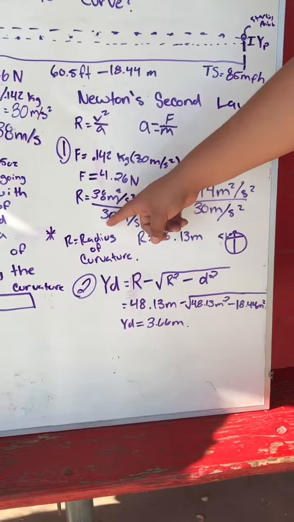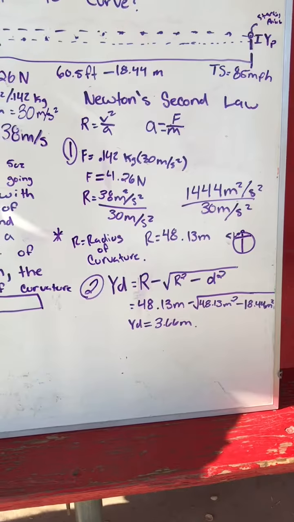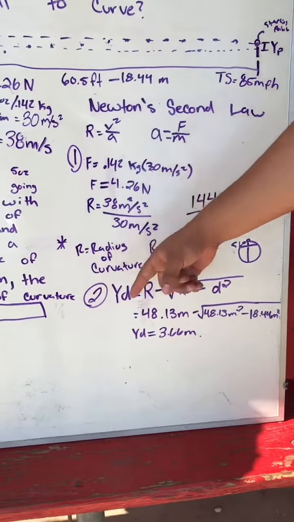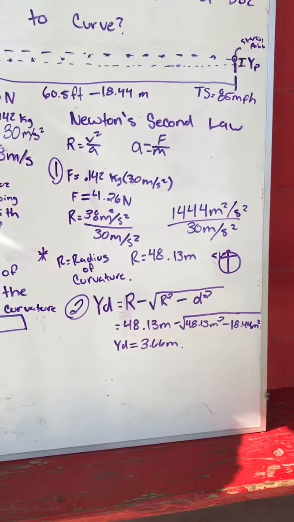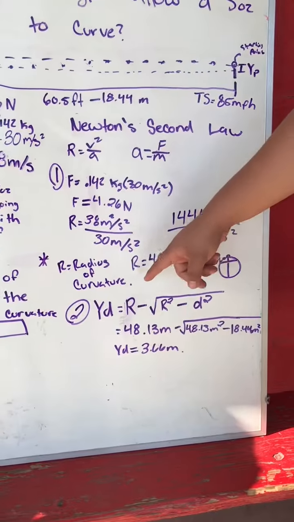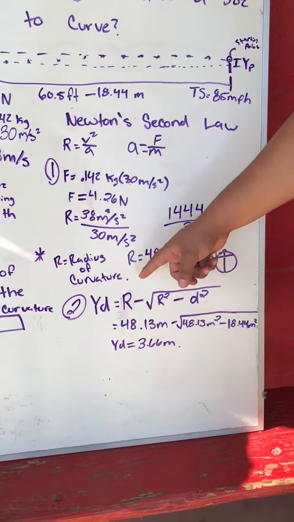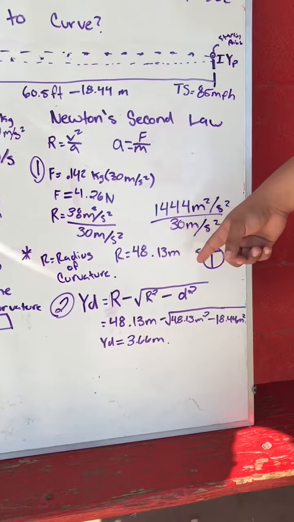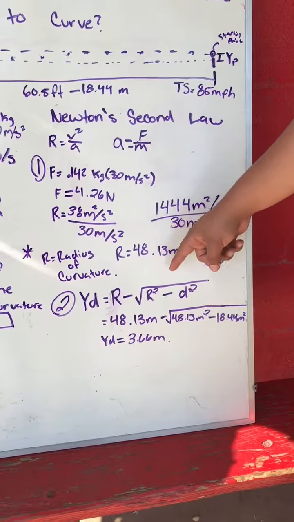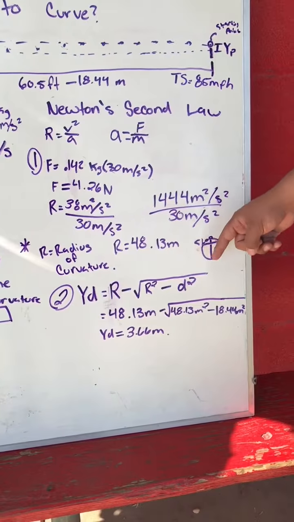Now that we found our radius of curvature, we will have to find the arc of curvature, which to find this, we will have to use a trigonometry equation, which is arc of curvature equals radius of curvature minus the square root of radius of curvature squared minus distance squared.